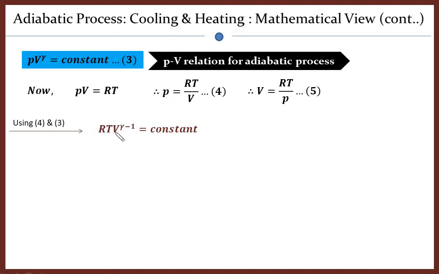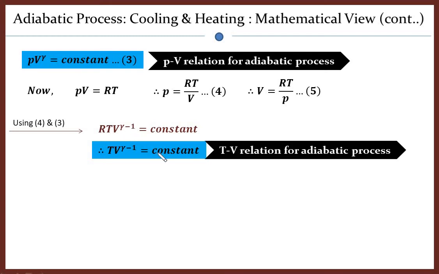We will have RT V to the power gamma minus 1 equals constant. And as R is also a constant, which means T V to the power gamma minus 1 equals constant. And this is called the TV relation for the adiabatic process.